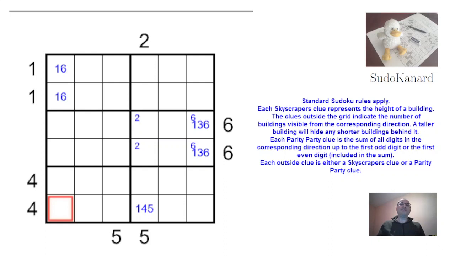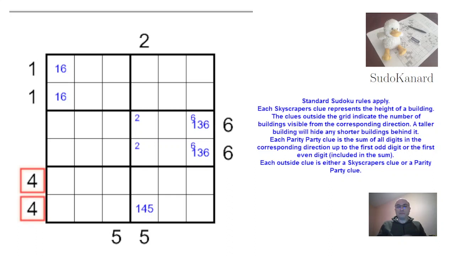And now let's try to see what happens if this is a skyscraper's clue. And we know that if this is Parity Party, actually there's a very good reason why we must have one of each.